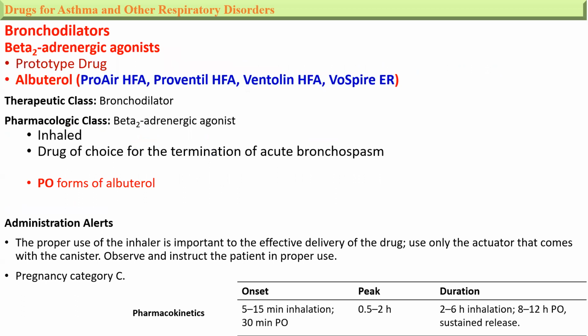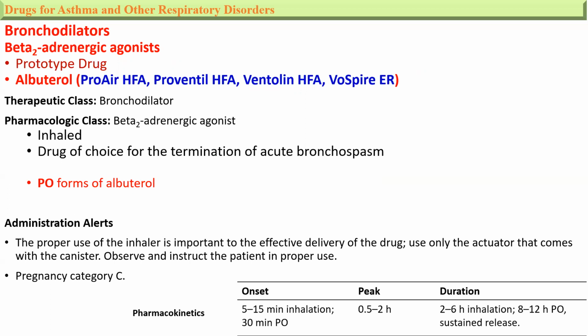A prototype drug for the beta agonists is albuterol. Albuterol is an inhaled bronchodilator, the drug of choice to terminate the acute bronchospasm due to an asthmatic attack.